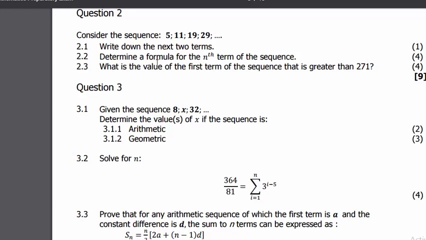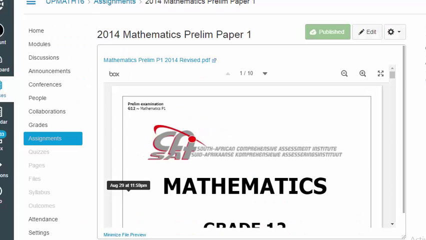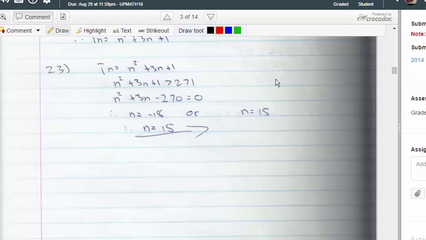Okay, what is the value of the first term of the sequence that is greater than 271? In his answer, he finds the term that is equal to 271. Which term is 271? It's term 15.